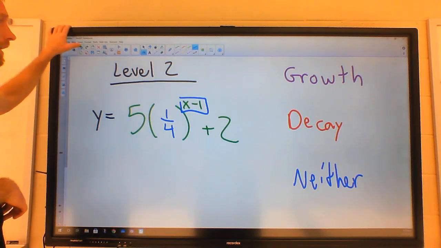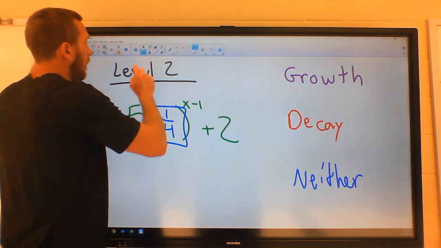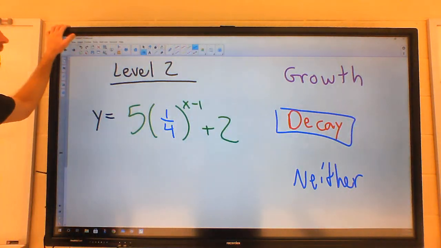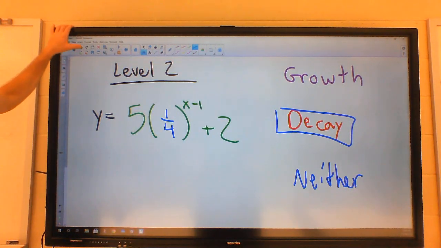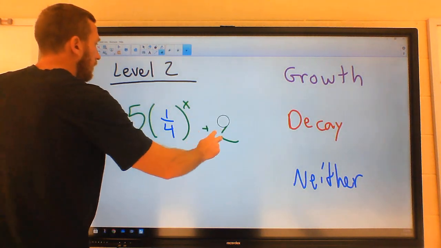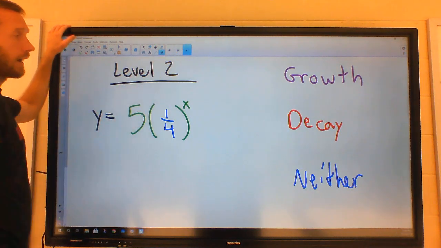So we cannot just use the distributive property. We are literally looking at 1/4 isolated from everything else, which is why it's a decay problem. For all intents and purposes, it's just 1/4 raised to the x.